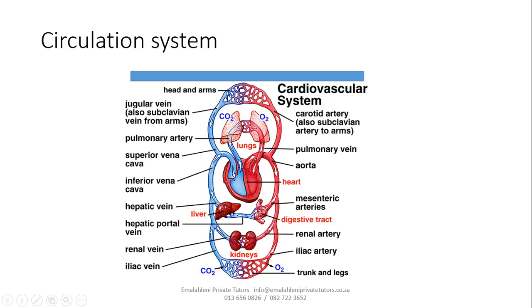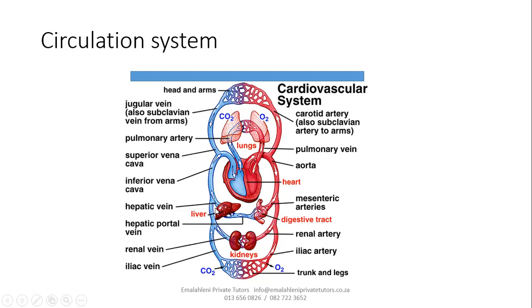This one is deoxygenated, without much oxygen, with more carbon dioxide. It comes to the right atrium. This is your jugular vein, and then we have the inferior vena cava coming. The superior vena cava is made up of the jugular vein, or subclavian vein.